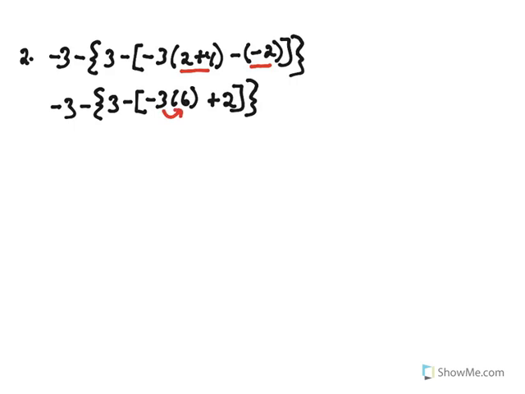We're going to distribute those two quantities. Okay. And I'm just copying everything down. Negative 3 times 6 is negative 18 plus 2, close bracket, close parenthesis. Okay, and now negative 18 plus 2 is negative 16.